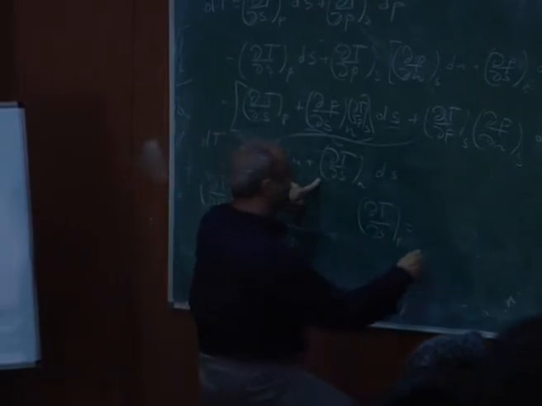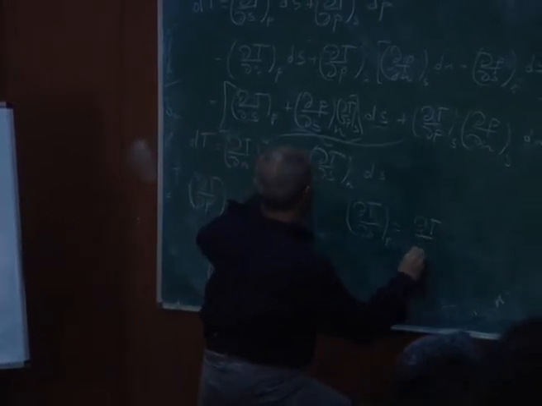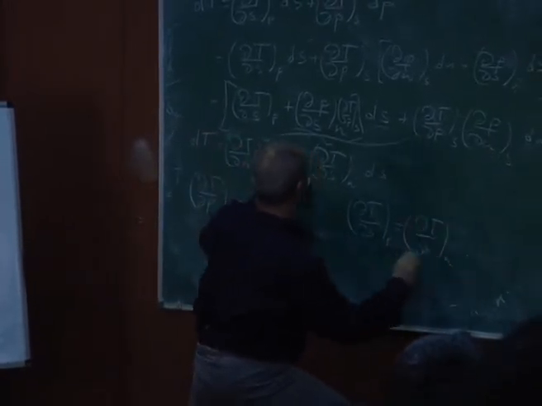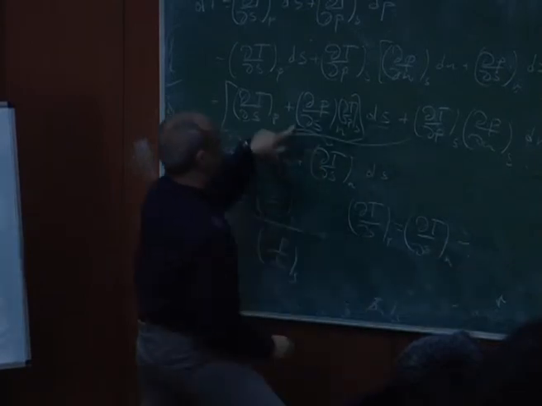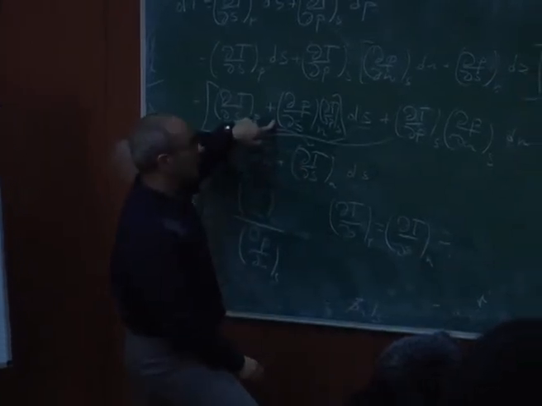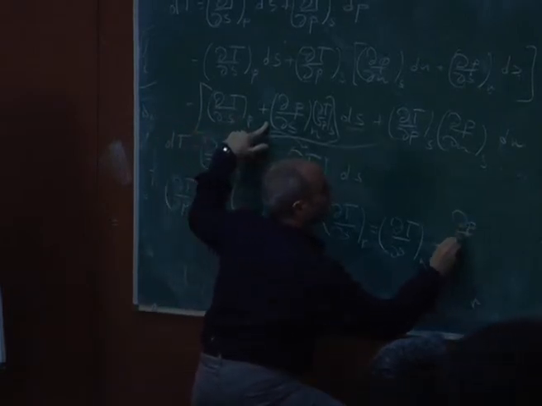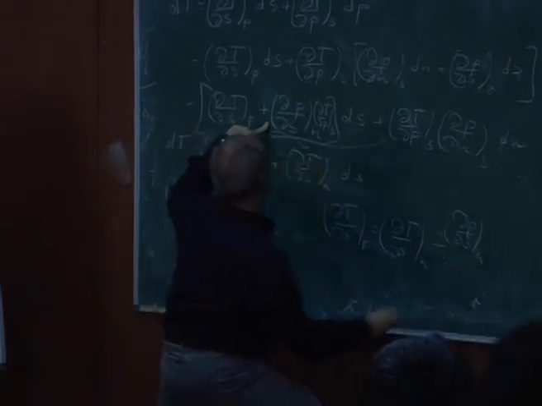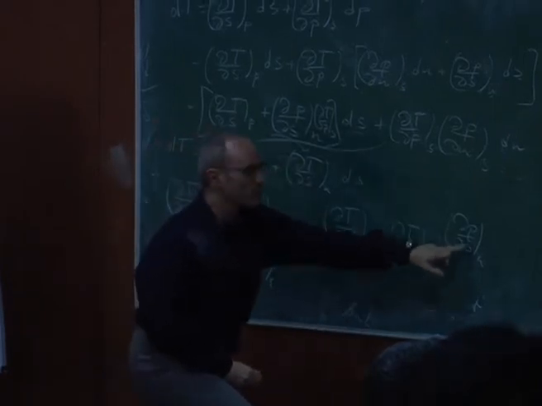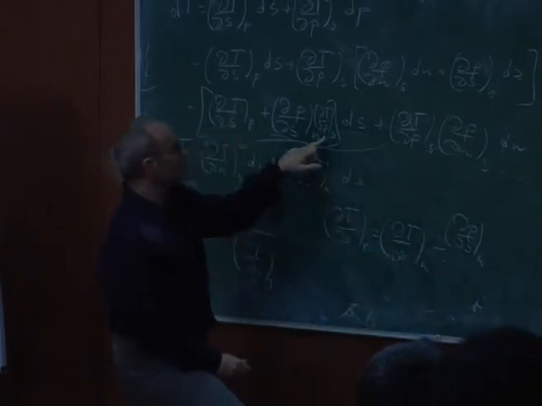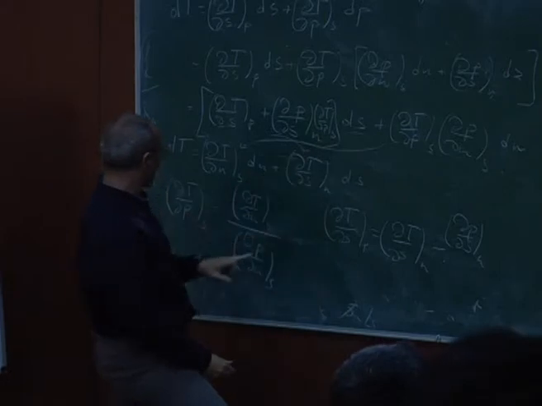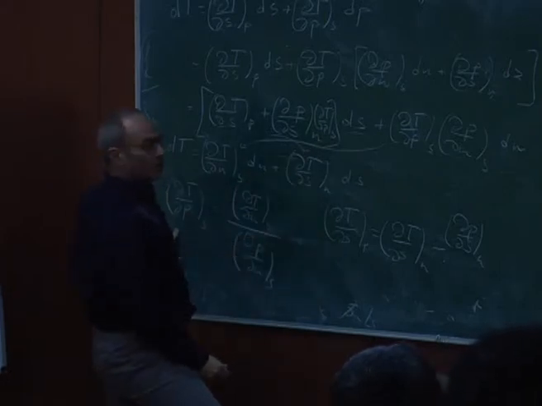So this will be dT over dS at constant n minus this object here, which is dP over dS at constant n, which is something that I know because P is a function of S and n, times dT over dP at constant S, which is this, which is also something that I know.